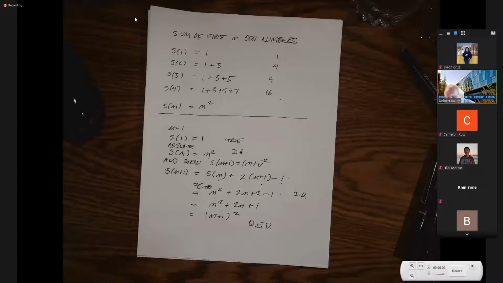There's another thing called strong induction in contrast with this. In weak induction, in the inductive step, you prove that if it's true for n minus 1, it's true for n. With strong induction, you prove that if it was true for all numbers less than n, it's true for n. That doesn't say that you have to prove that it's true for all numbers less than n. It's just saying if you assumed that it was true for all numbers less than n, can you then show that it's true for n?